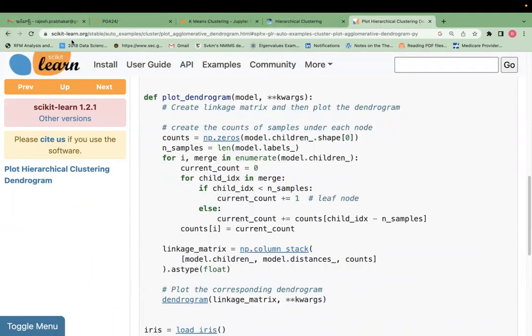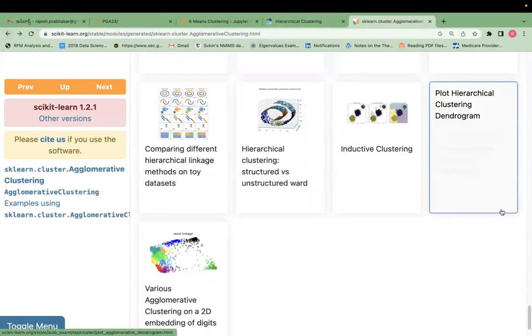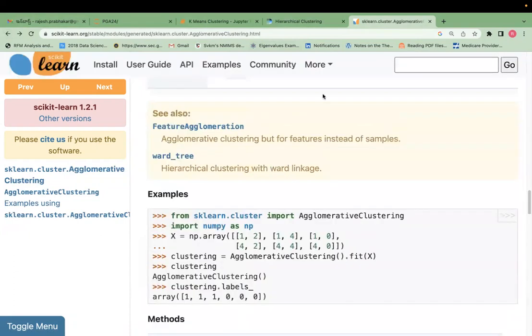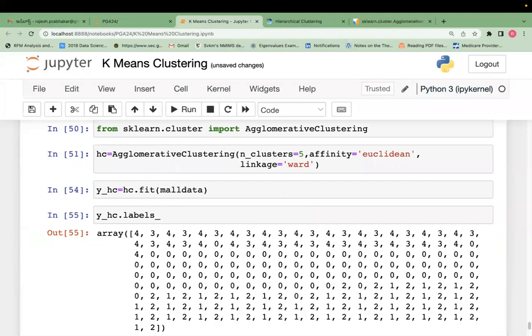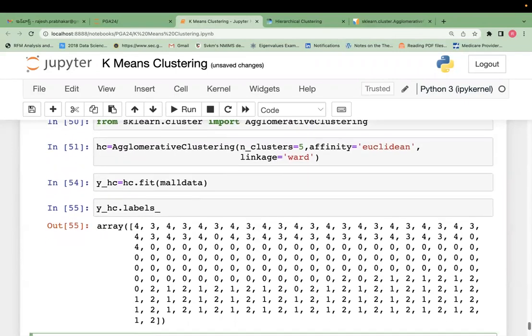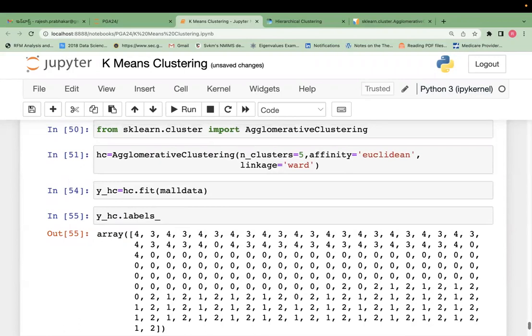For agglomerative clustering, we don't have dendrogram plotting. We'll get the cluster labels, meaning which observation belongs to which cluster. So for dendrogram plotting, you have to use scipy.cluster. It will plot the dendrogram in the backend, and only then will it come to know the labels. Okay, all of you got this?